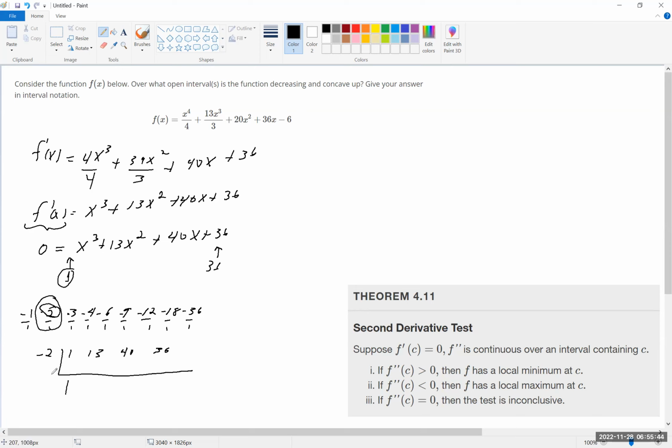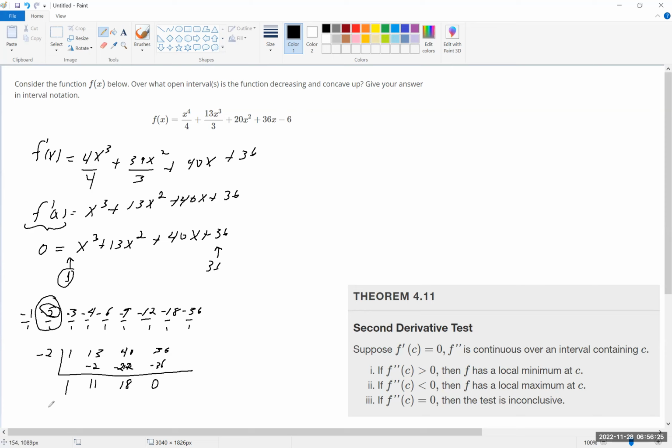So bring the 1 down. That's 22. So 18. It's minus 36, which is 0. So indeed, that is a 0. So then let's use this space over here.